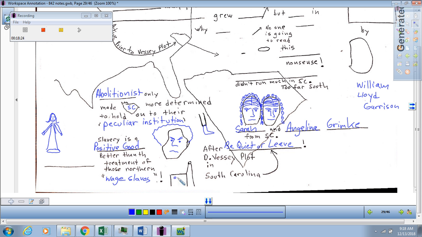So, the South referred to the immigrants and others that worked in the factory, a dismal job, as you learned last year, as wage slaves.